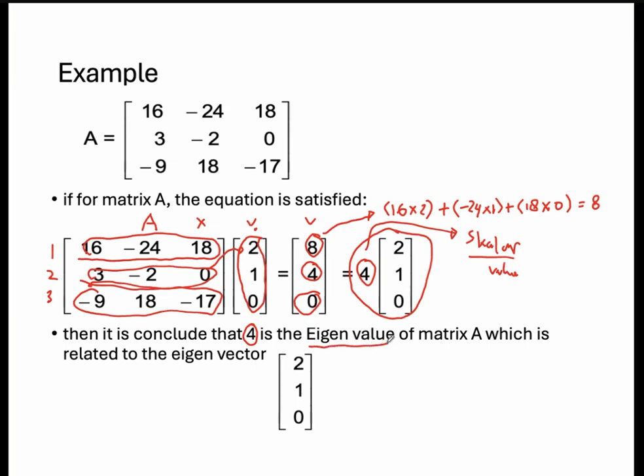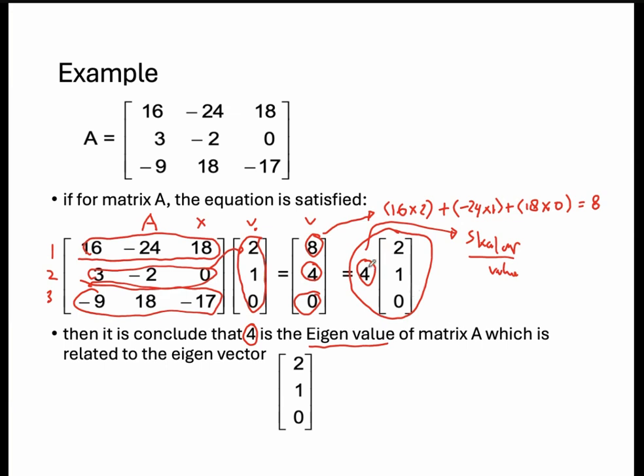Why do we call it eigenvalue? Because if we multiply the eigenvalue with this matrix, then we get the proportionality of the previous matrix.